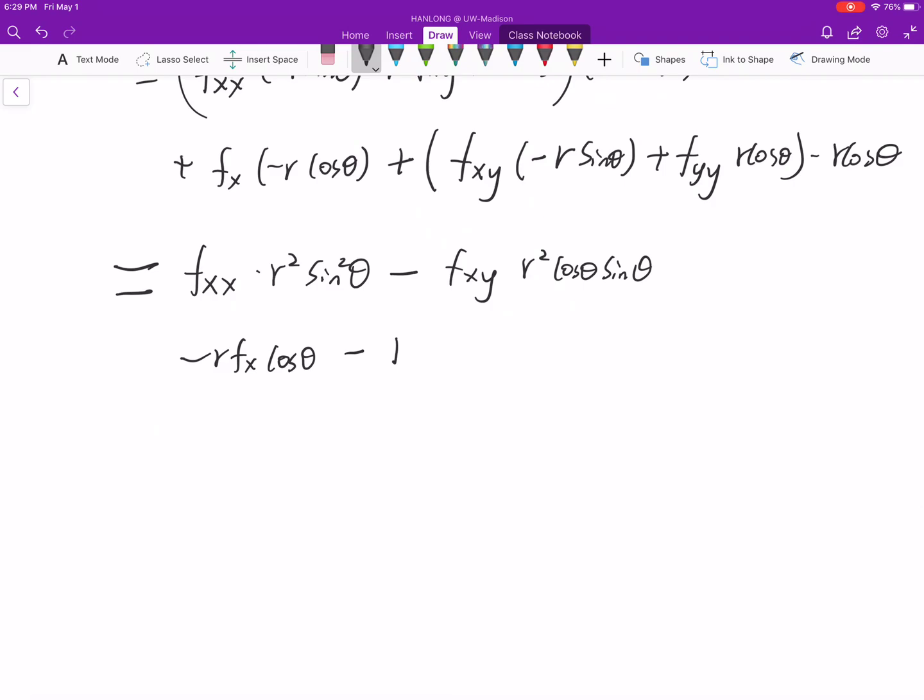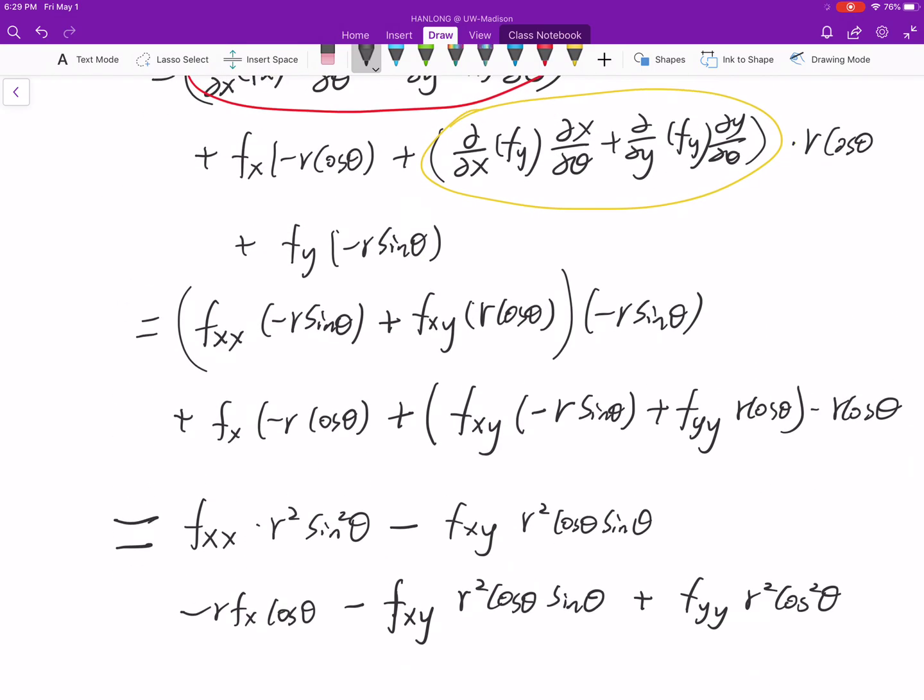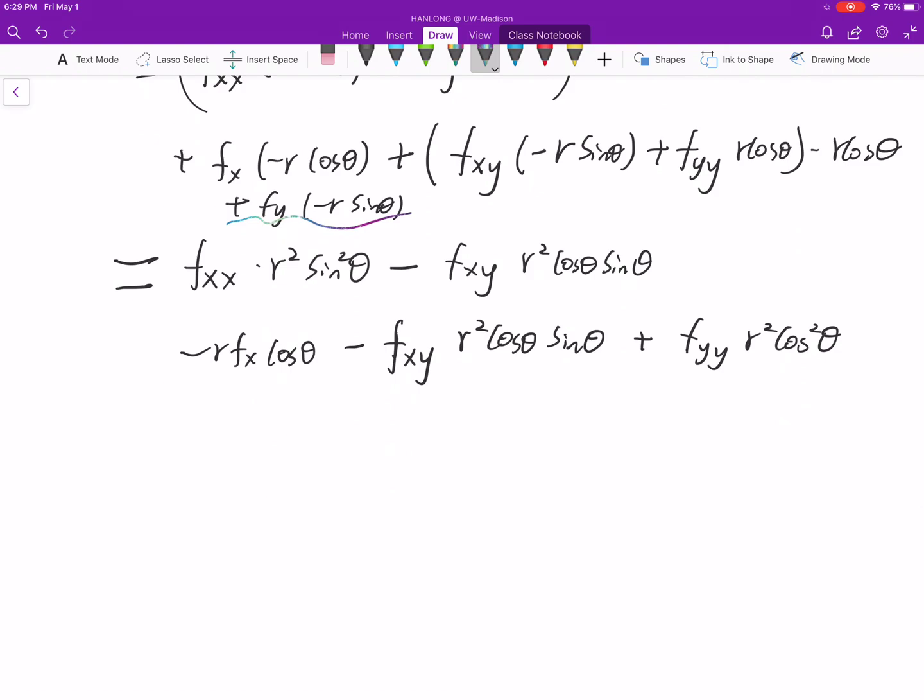So be very, very careful, because on the right hand side we don't have fxy. So whenever you have xy, you should be very careful about the sign. So here you have r squared cosine theta sine theta and plus fyy r squared cosine theta squared. Okay, here I omitted one term. So here you should have minus r sine theta. Don't forget anything.